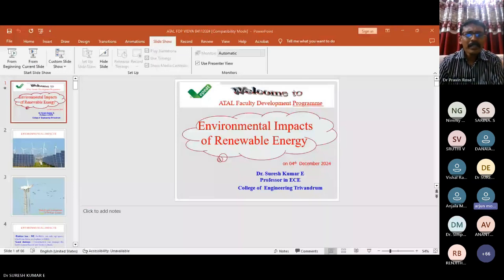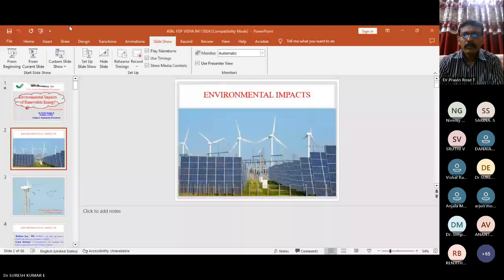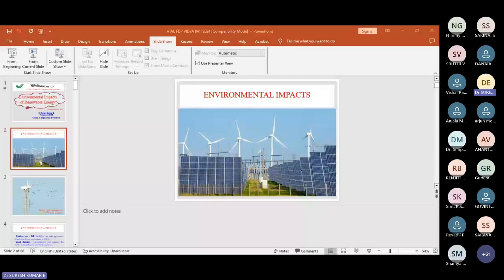Sir, can you see that slideshow option there? I'll take the slideshow from the beginning. Slides are moving, but not in full screen.